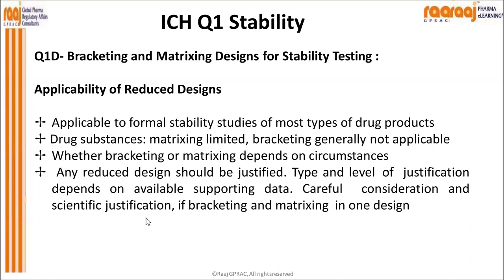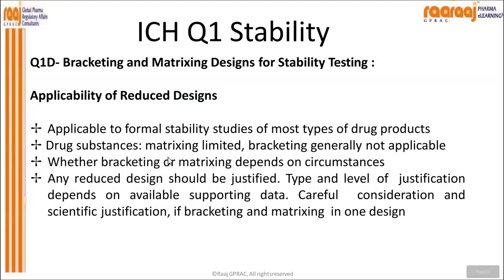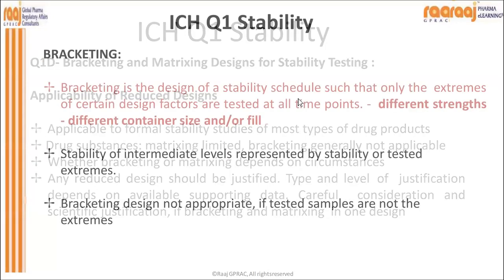So careful consideration and scientific justification in bracketing and matrixing in one design. So you have to do it very carefully so that you can justify to any health authority. Okay, why you have done the bracketing and matrixing, and there should be a scientific justification.